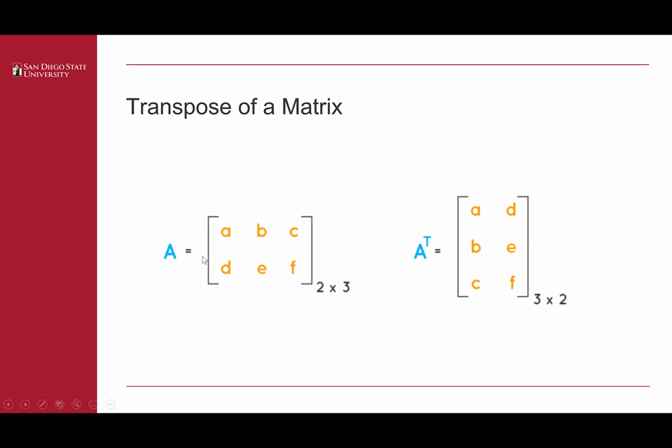As you can see here, A is a 2 by 3 matrix, but transpose of A is a 3 by 2 matrix. The first row of A was A B C, and the first column of the transpose of A is A B C. Rows and columns are replaced, and this is the transpose of a matrix.